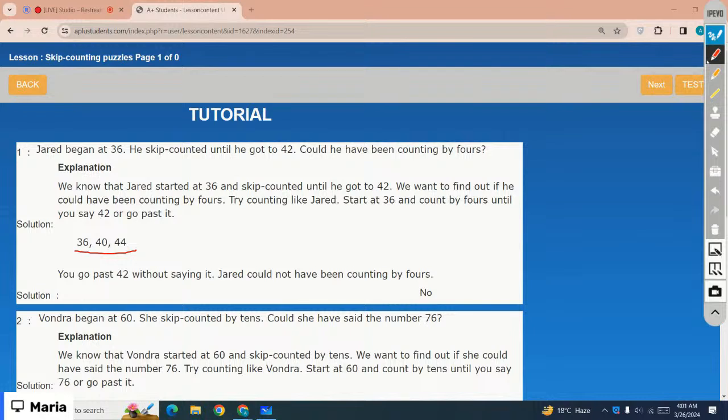So you go past 42 without saying it. Jared could not have been counting by fours. 36 plus 4 is 40, and 40 plus 4 is 44. Here you have 42, but you don't have 42 over here. That means the correct option is no, 42 is not part of the count.